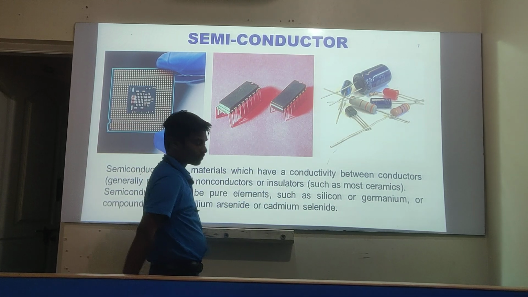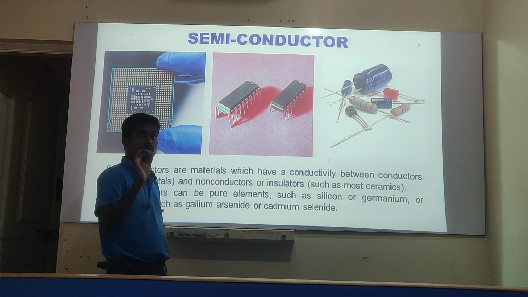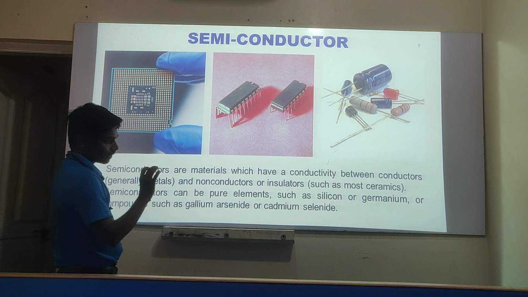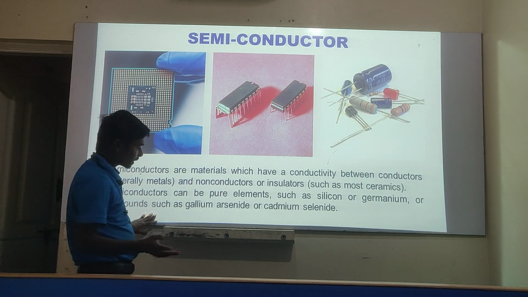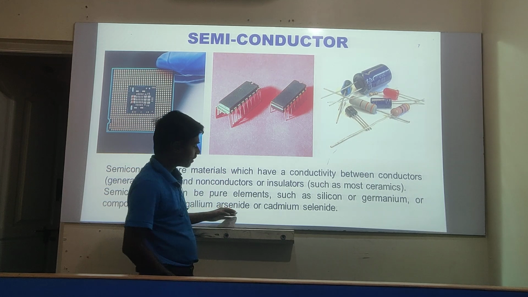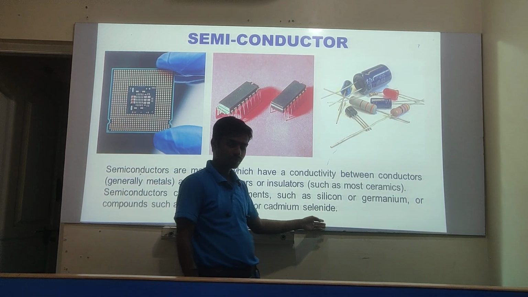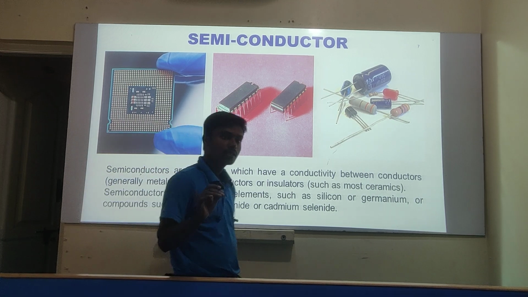Silicon and germanium are pure semiconductors, whereas the compound semiconductors are gallium arsenide or cadmium selenide. These are all semiconductor atoms.